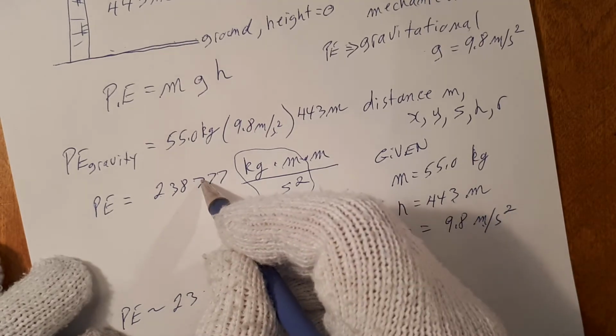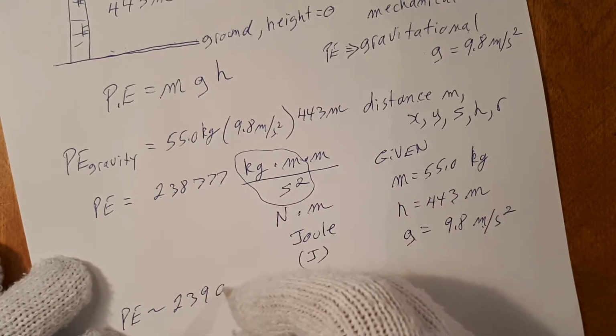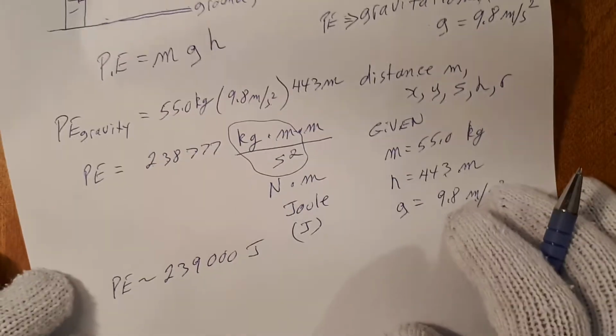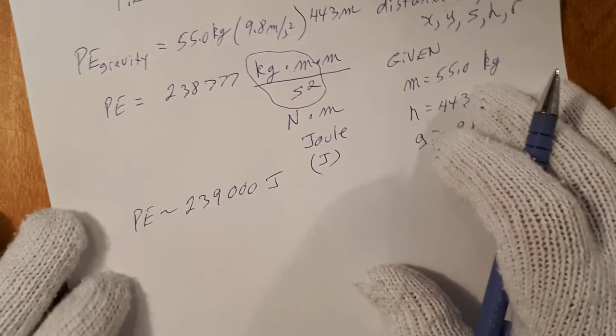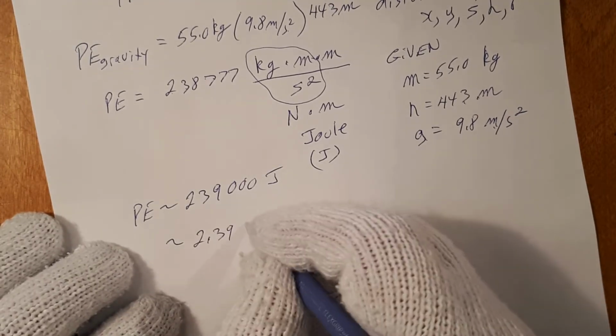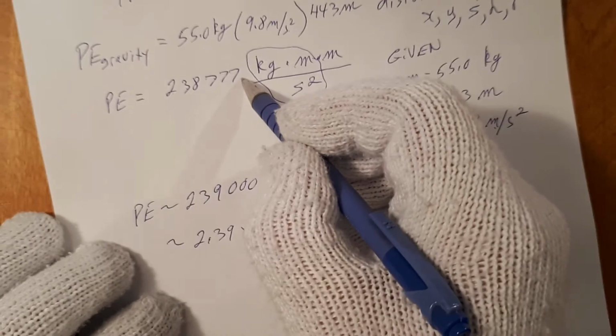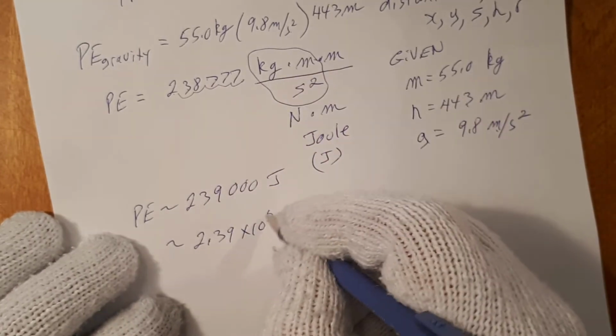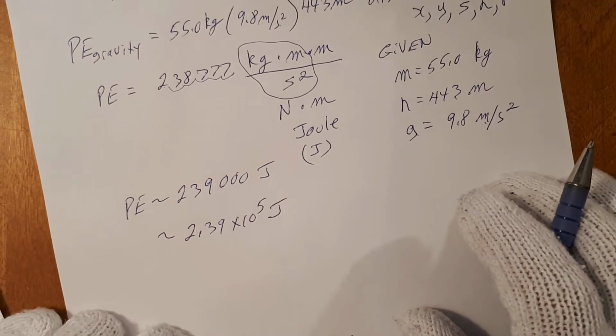Look at that fourth one, round up. 239,000 joules. Or we can put this in scientific notation. 2.39 times 10 to the power of, decimal point is here, 1, 2, 3, 4, 5 joules.